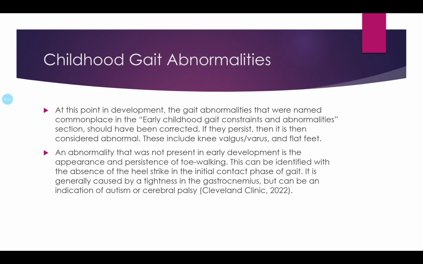So this is the stuff like knee valgus, varus, and flat feet. An abnormality that was not present in early development is the appearance and persistence of toe walking. This can be identified with the absence of a heel strike in the initial contact phase of gait. It is generally caused by a tightness in the gastrocnemius, or the calf muscle, but can be an indication of autism or cerebral palsy.